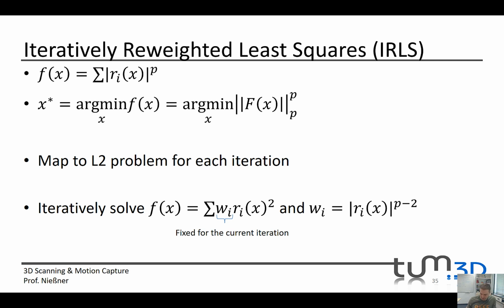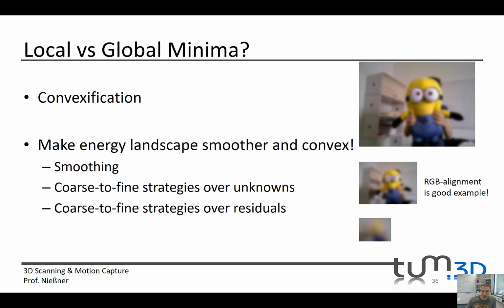Okay, a couple of other things optimization-wise: local versus global minima. That's a big problem when you're dealing with RGB terms. If you have two RGB frames, you want to align them in a dense framework. Very, very difficult, right? So one thing people do often is convexification. By the way, that's a thing you always want to do when you do any optimization. You always want to do things like coarse-to-fine strategies.